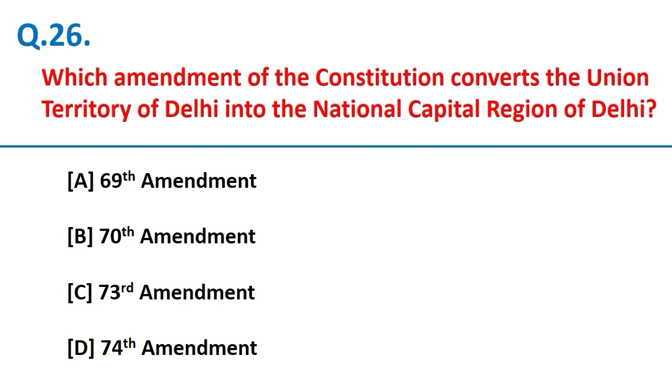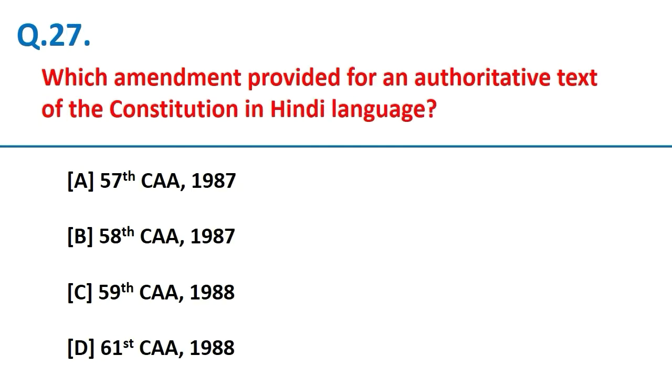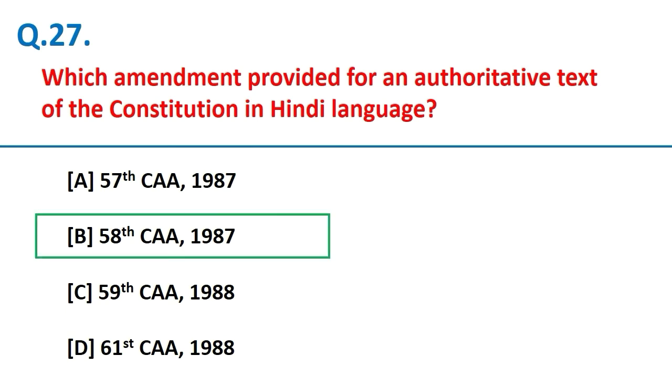Which amendment of the Constitution converted the Union Territory of Delhi into the National Capital Territory of Delhi? 69th Amendment. Which amendment provided for an authoritative text of the Constitution in Hindi language? 58th Amendment Act of 1987.